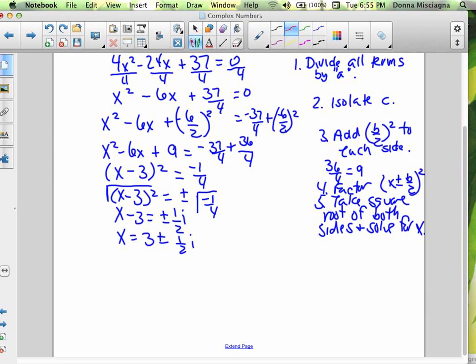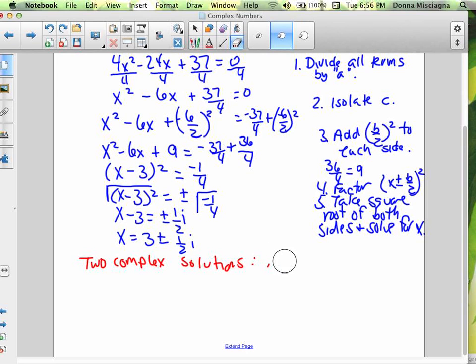Well, we have 2 complex solutions. We have 3 plus 1/2 i, and 3 minus 1/2 i.